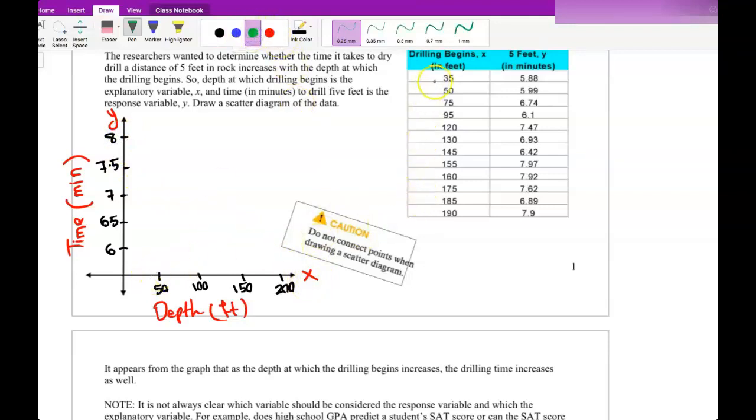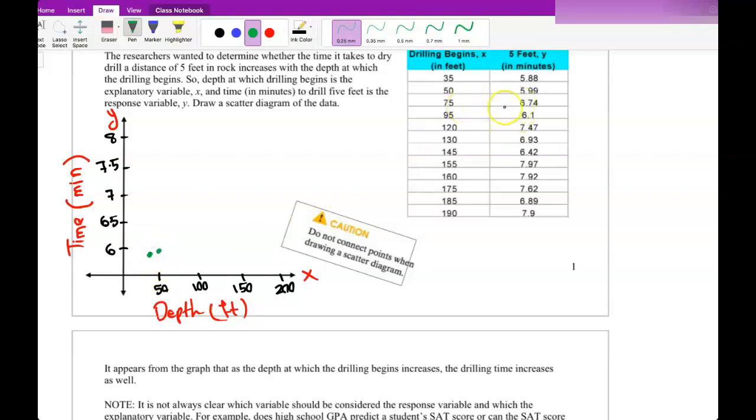Now finding all these points. On x we have 35 and y is 5.88. Then 50, 5.99, which is very close to 6.